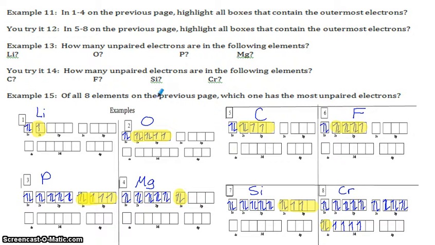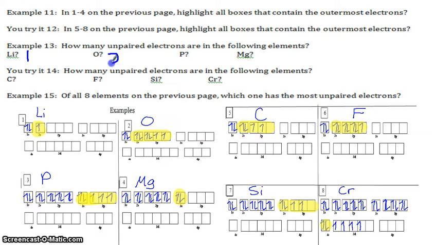Example 13 says, how many unpaired electrons are in the following elements? So you go back and you look, and an unpaired electron is simply a single arrow in the box there. So in lithium, I have one unpaired electron, this one right here. This is a pair, this one is unpaired. In oxygen, there are 2 unpaired electrons right there.